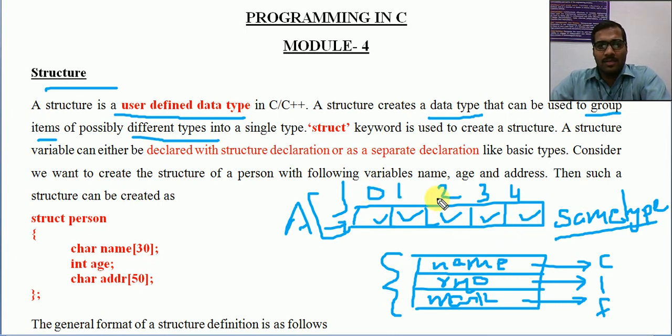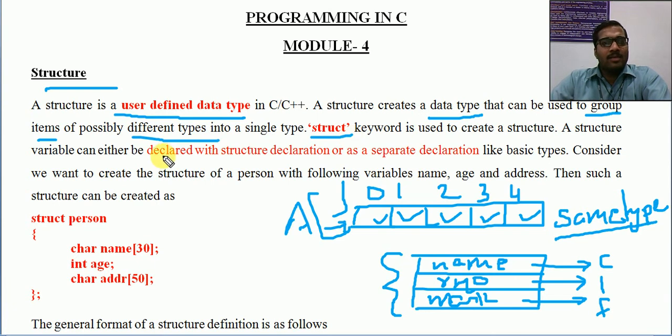Okay, so for a record like this, we need to use the structure concept, which is used to create a user defined data type. It will be created by the user, and we use the keyword struct, which is a common keyword in C and C++ for creating a structure.